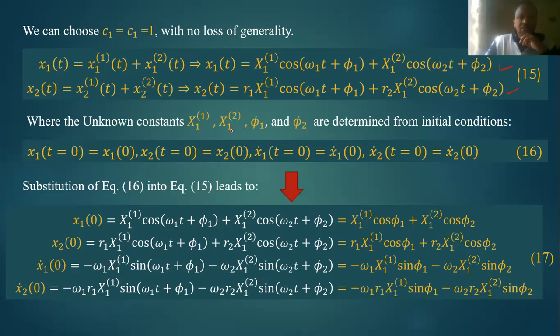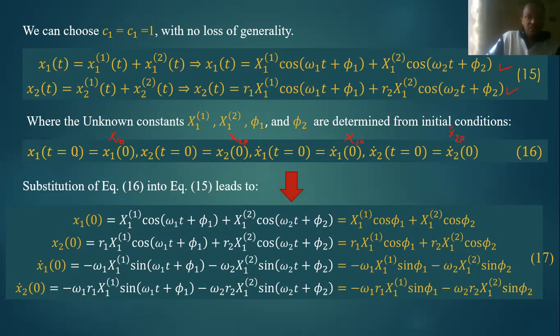So the unknowns are these 4 unknowns, which should be determined from considering some initial conditions. Just x1 naught, we can call it here, also x2 naught. Again here, this should be x1 naught dot, x2 naught dot. So these things must be satisfied.